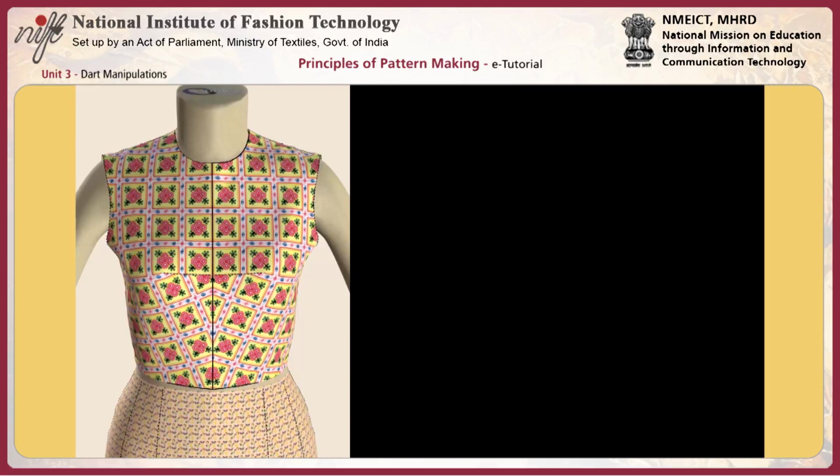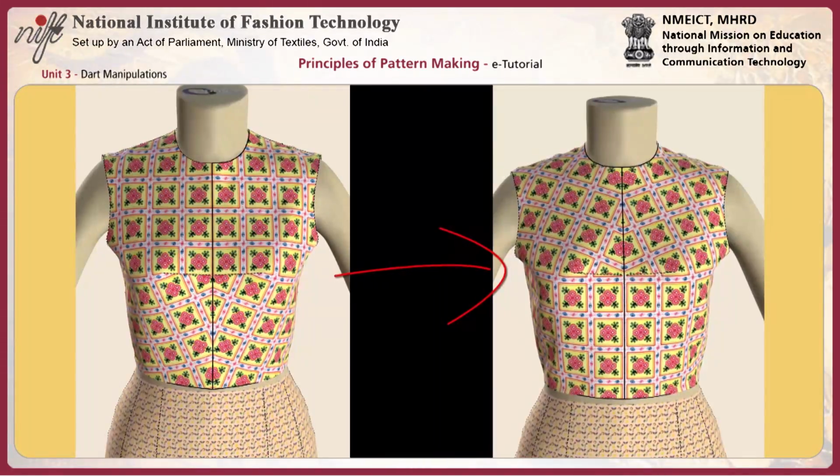Develop a horizontal center front bustline dart with the design variation as shown in the video. In the first design, the grain line of front is vertical above the bust level. Change the pattern like the second design, that is grain line vertical below the bust level.